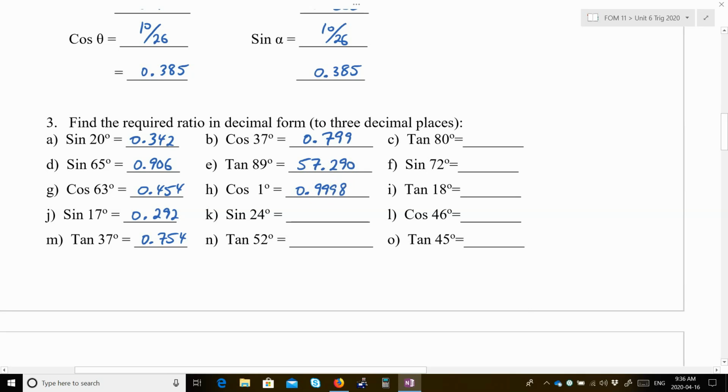We have to go to 4 decimal places for accuracy on that one. And 0.407, 1.280, 5.671, 0.951, 0.325, 0.695, and tan 45 is 1.